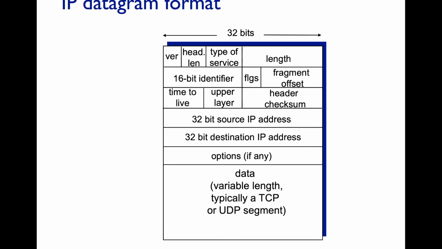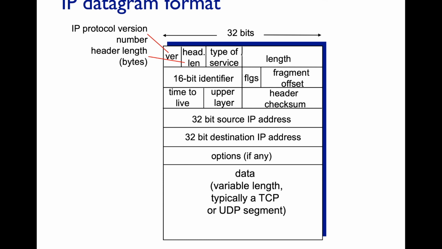It's 32 bits wide. We have the version field for the IP protocol version. The two values you can have there are 4 for IP version 4 or 6 for IP version 6. There's the header length, which is the number of bytes of the IP header. And so after all the IP header here, that data is the encapsulated segment from the transport layer above that sent its segment into the network layer.